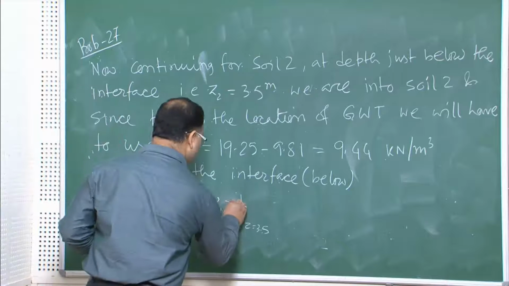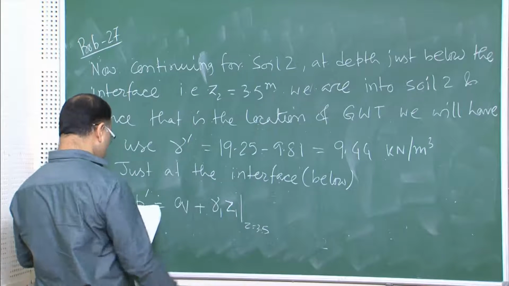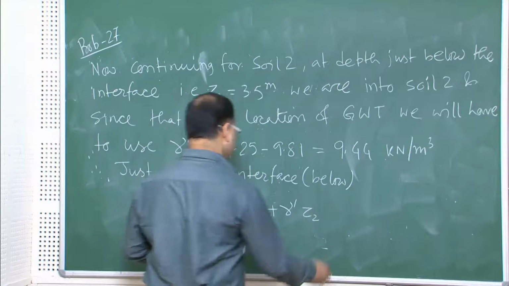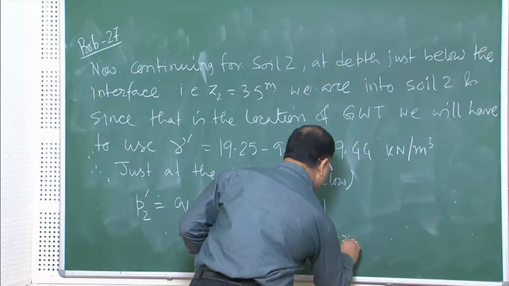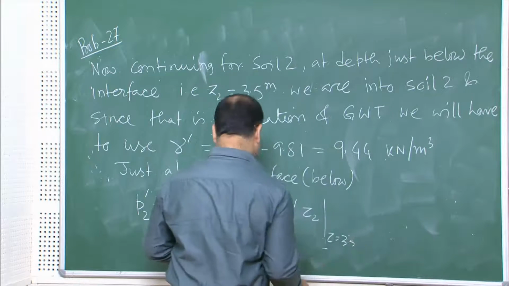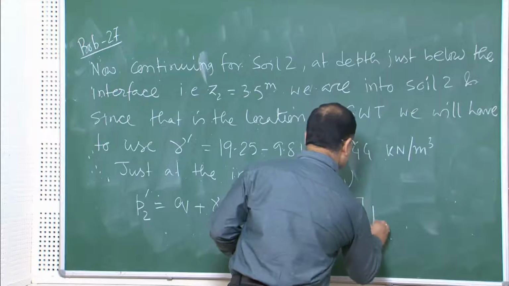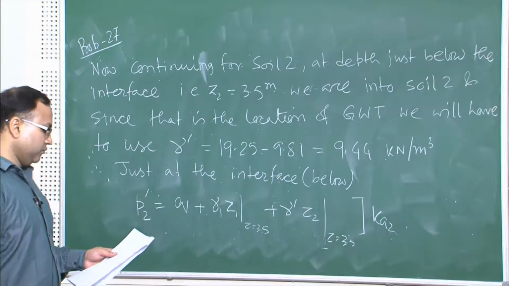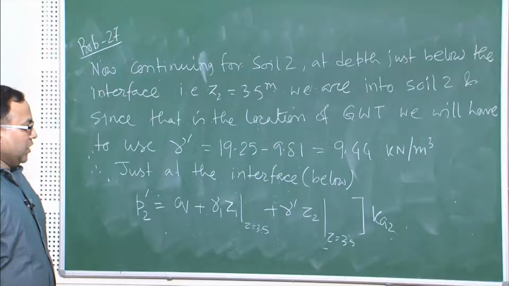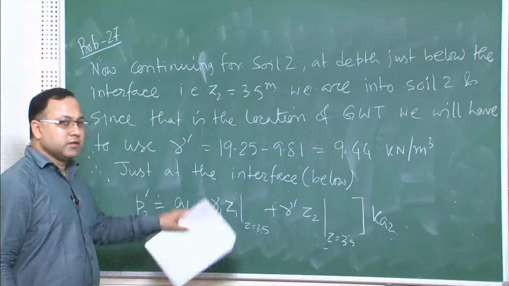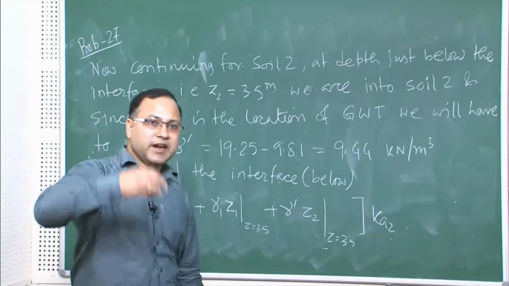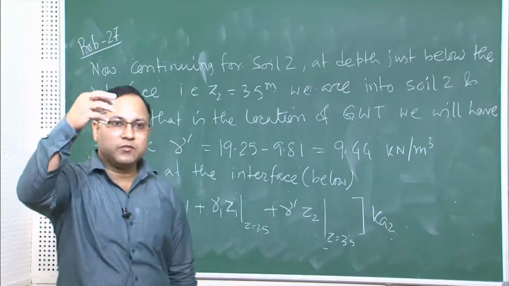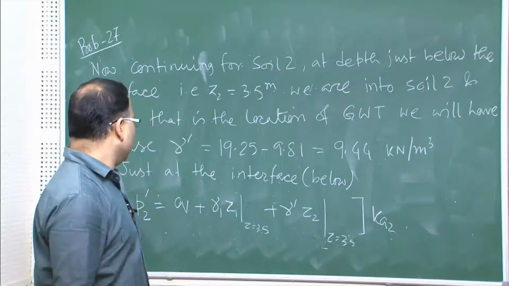That contribution is coming from soil 1, plus gamma prime Z2 into Ka2. Z1 is the Z which is varying within soil 1, and Z2 is the Z which is varying in soil 2.